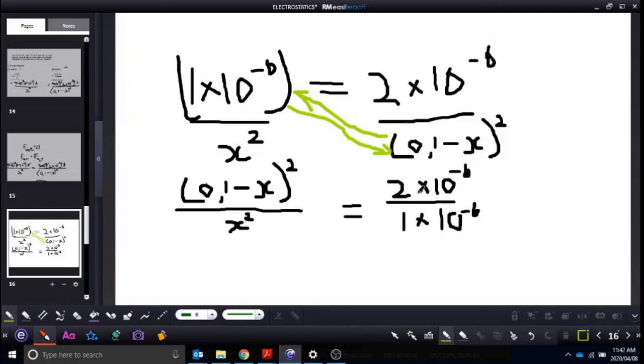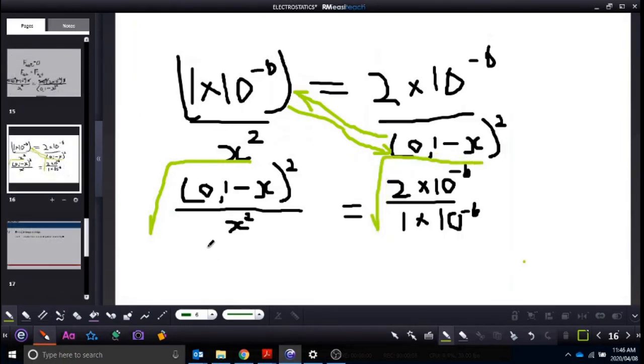So actually we are cross multiplying and dividing. So this is what we then get. If we now take the square root on both sides, we have 0,1 minus x over x, and this is then the square root.